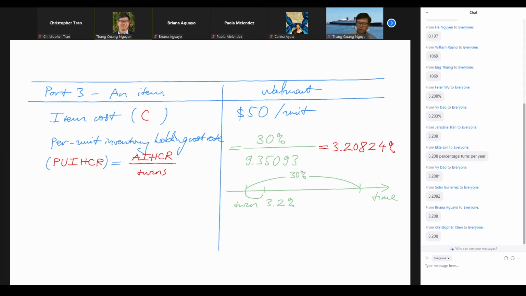Okay, so let's go back to this slide. So again, to calculate the per turn, you take the annual carrying charge rate divided by the turns, right? Then we have that 3.2%. And now we are ready to calculate the holding cost of the item.